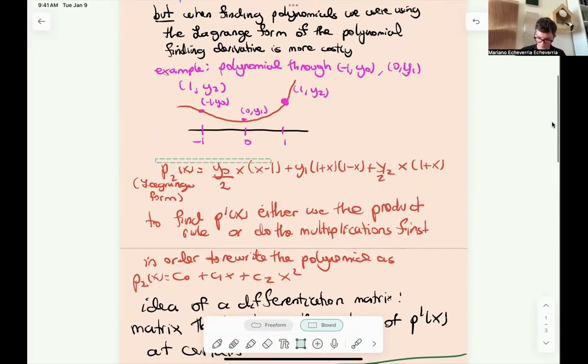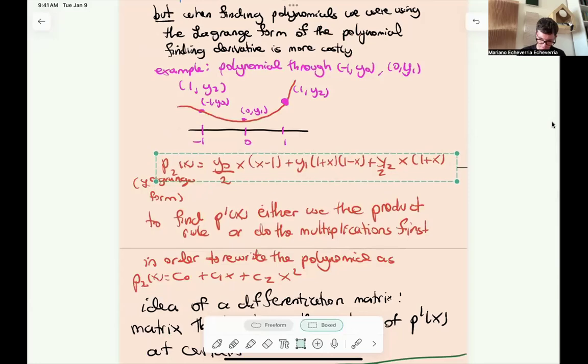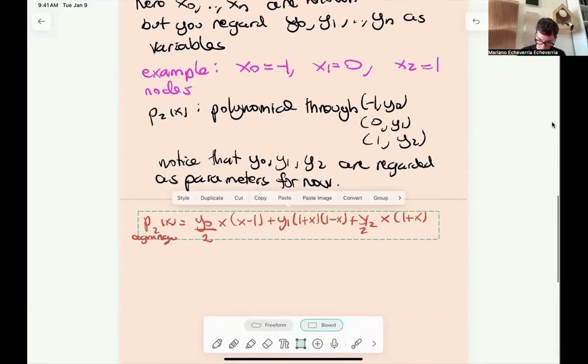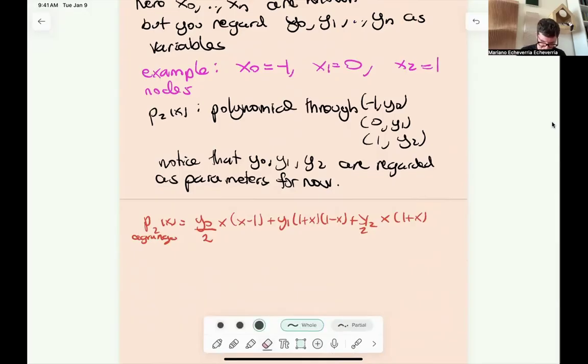So the polynomial in the Lagrange form would be this. I'm about to take its derivative, and it is more convenient to rearrange it and recombine everything together.